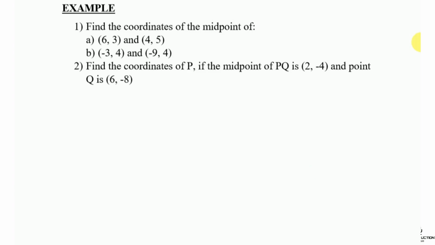Our example 2 reads, find the coordinates of P if the midpoint of PQ is 2, comma negative 4 and point Q is 6, comma negative 8. And from that question you're supposed to understand something.